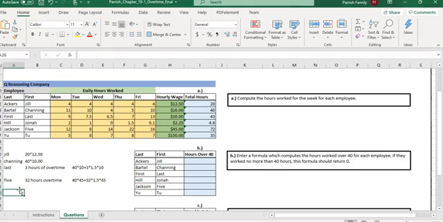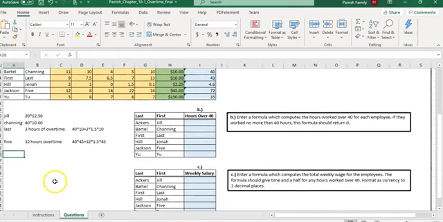Okay, so that's what we're trying to do with this spreadsheet, is get these tables to do these calculations for us. So this first table here, what we want to do is figure out how much overtime did they work. That's what we did over here, right? We said they worked no overtime, or they worked 3 hours of overtime. So that's what we want to do first, and we're going to use an if statement.